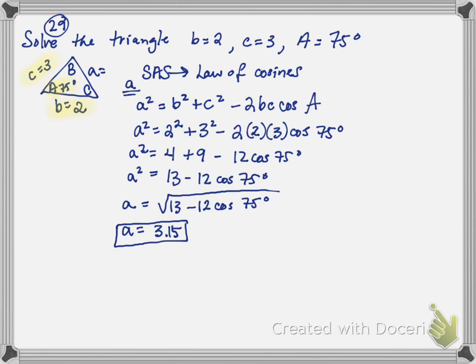I'm not done. I have to find angle B and angle C. So I'm going to go ahead after angle B next. Here's a very, very, very important fact. If you start with using the law of cosines, you have to end using the law of cosines. You cannot mix and match the law of sines with the law of cosines. And the reason why is because we end up using the inverse functions to find angles.